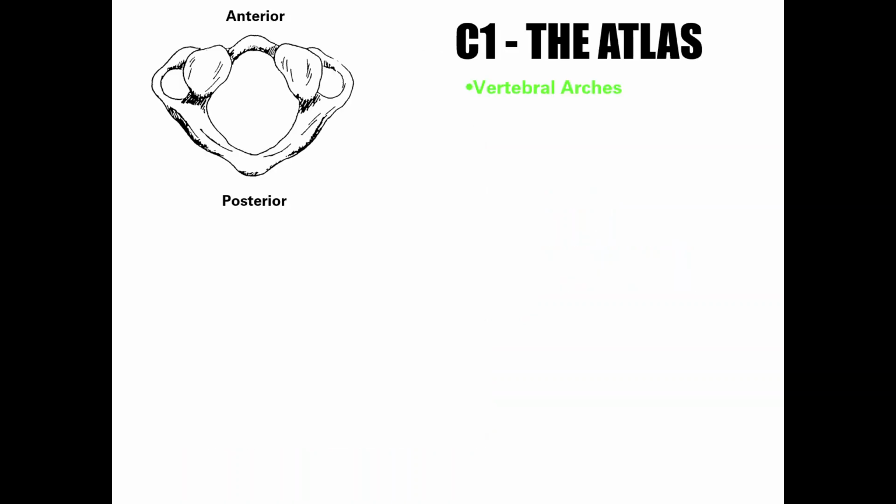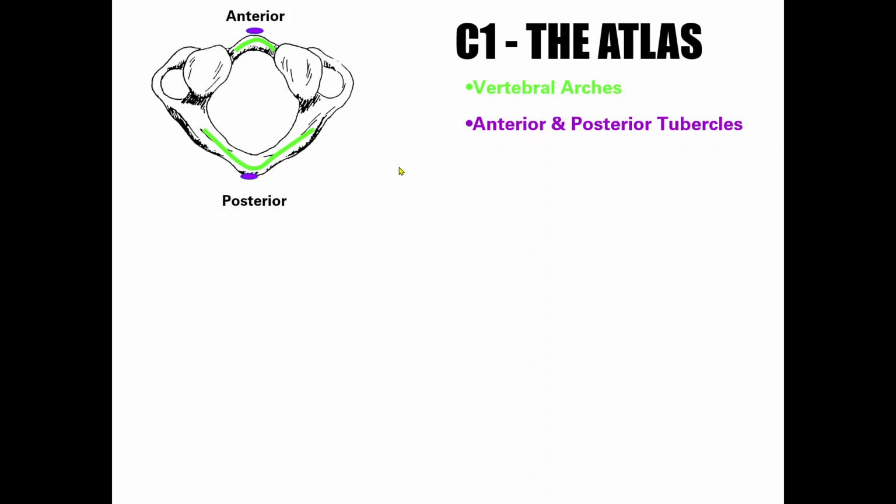Looking specifically, the first cervical vertebra we call the atlas. So I believe it's Greek mythology. Atlas held up the world. So the atlas vertebra, C1, holds up your skull. We have vertebral arches, anterior arch and posterior arch.